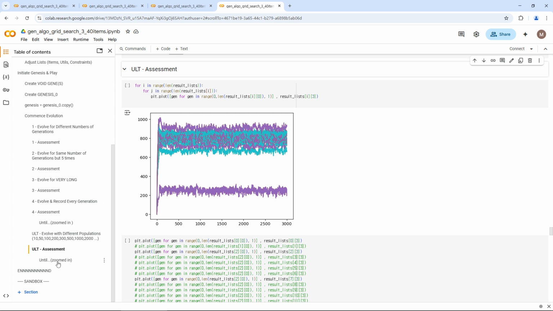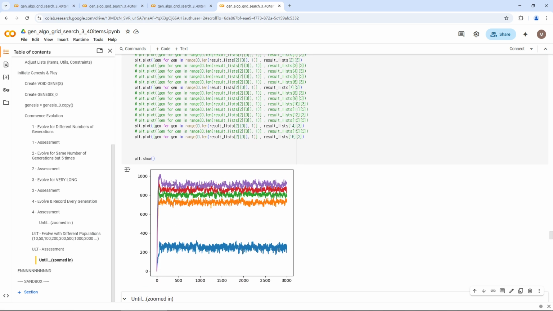Even when the population is set at 2000, it doesn't really recover. But something different might happen. We'll see.